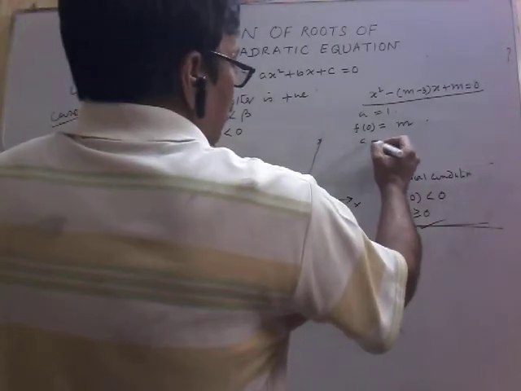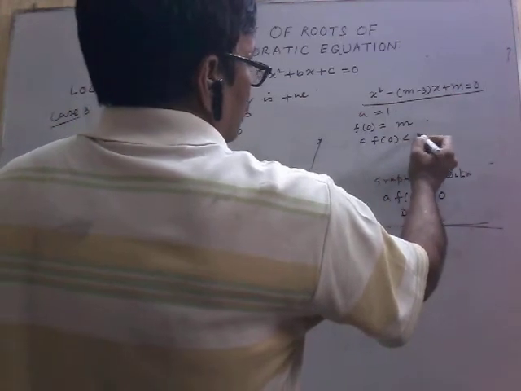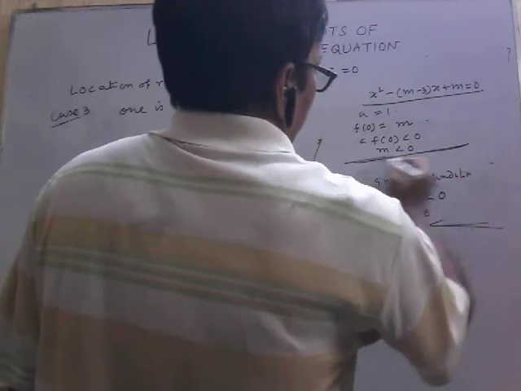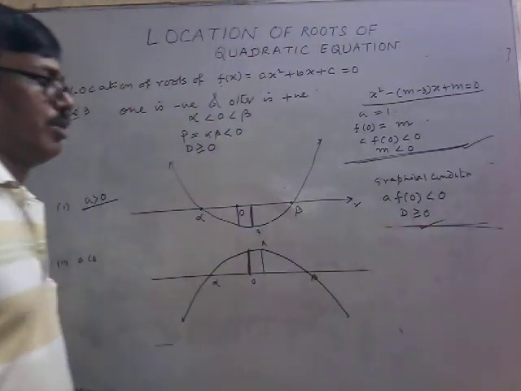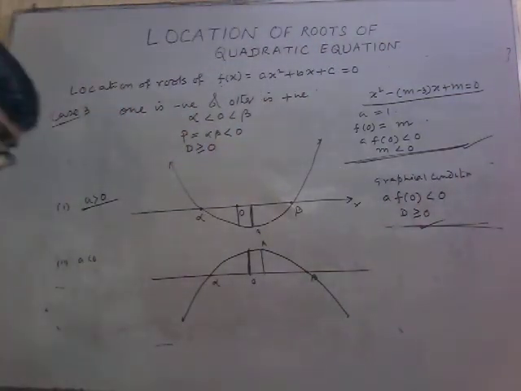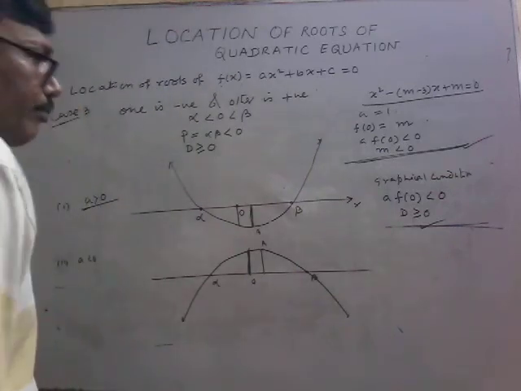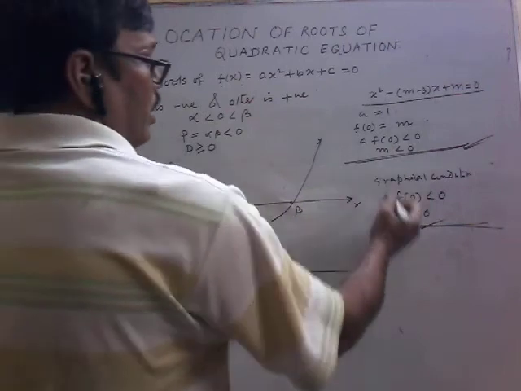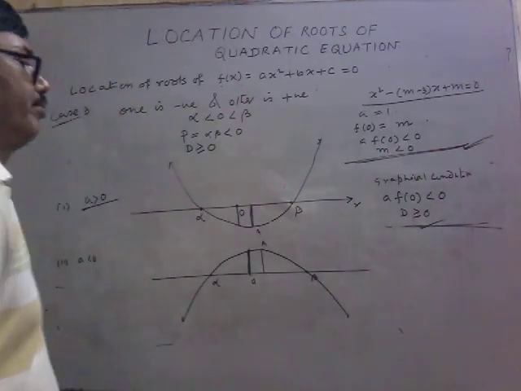So A into F0 less than 0, so m less than 0. We are getting m less than 0. So this is the restriction on m using the graphical condition.